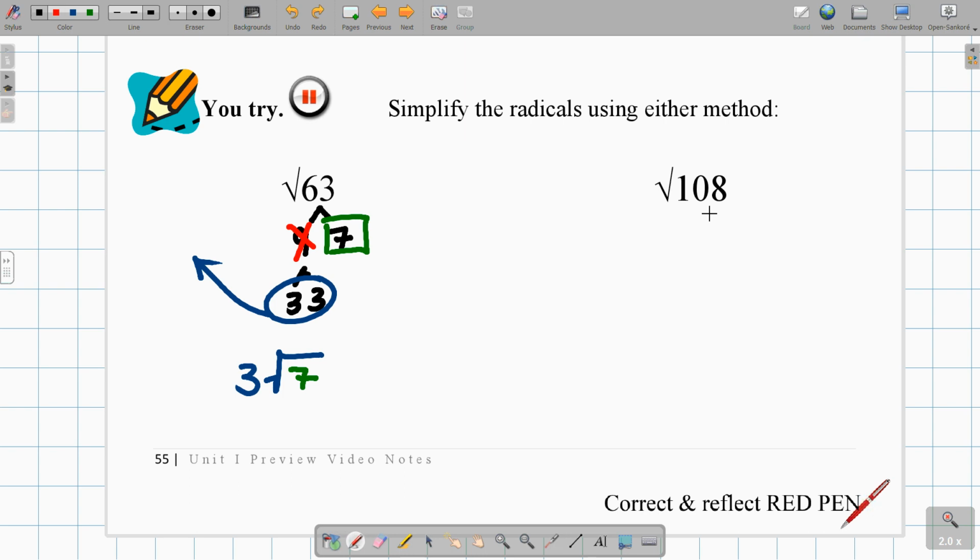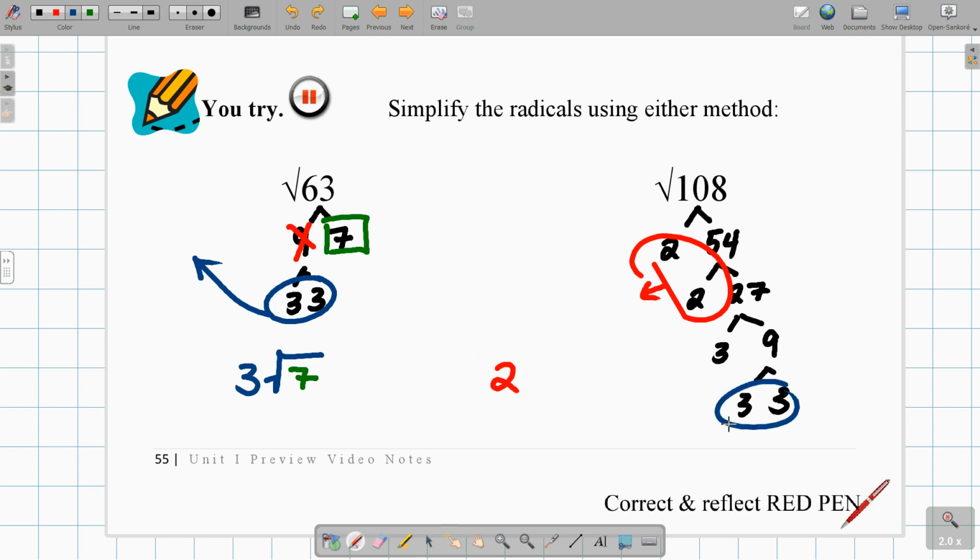We're going to get 6 root 3. Again, on the outside, you multiply, not add, multiply. So if I have a 2 and a 3 on the outside, that becomes 6, not 5. That's called simplifying a radical.